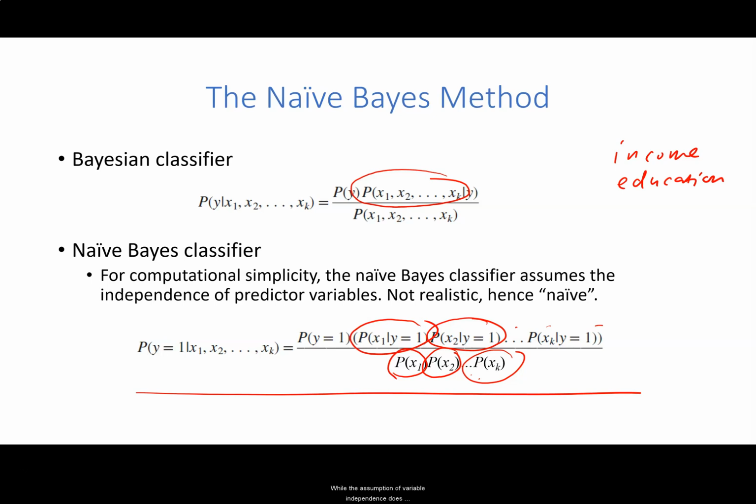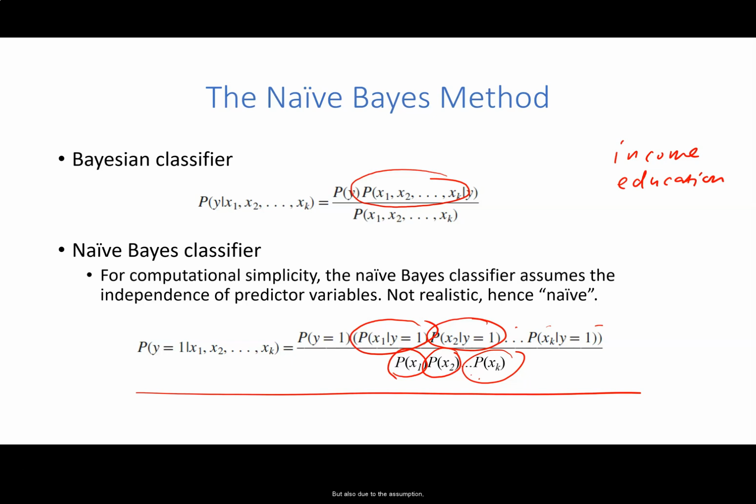While the assumption of variable independence does not capture the possible interaction between predictor variables, this transformation of the Bayes theorem has proven to perform reasonably well in many real-life situations, especially when large data sets are available.